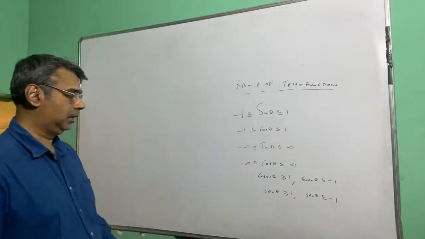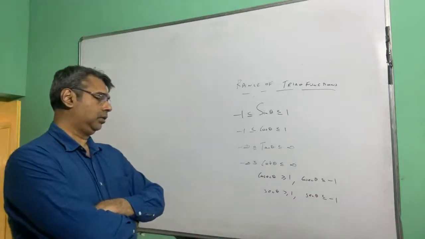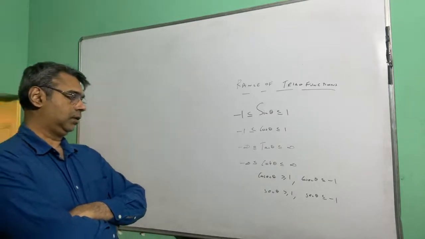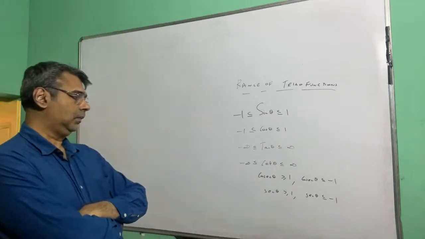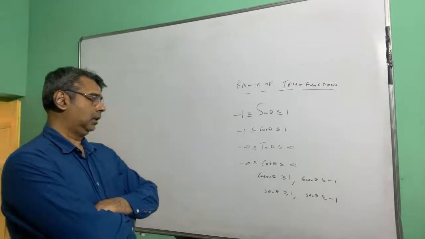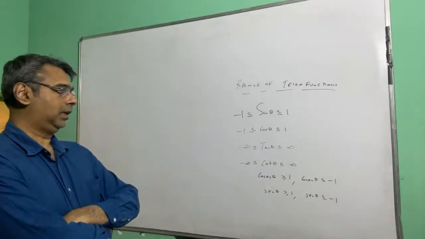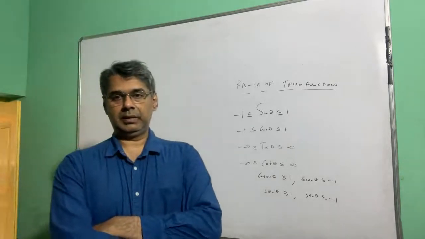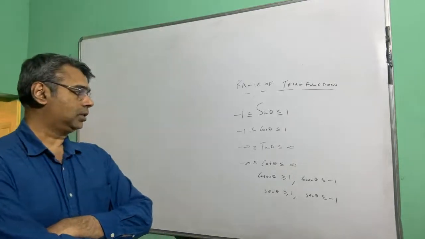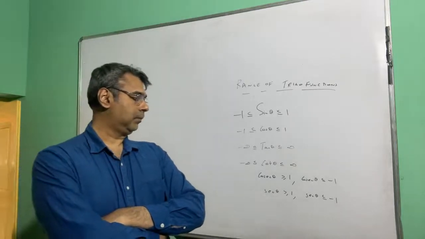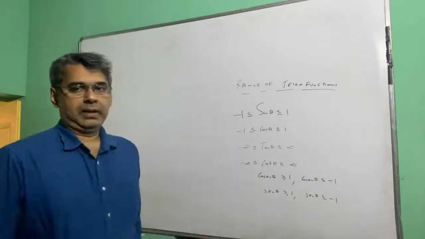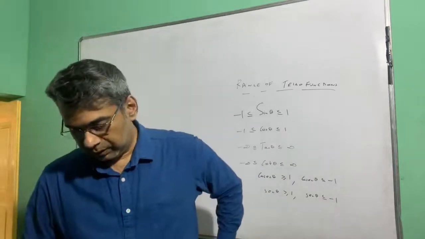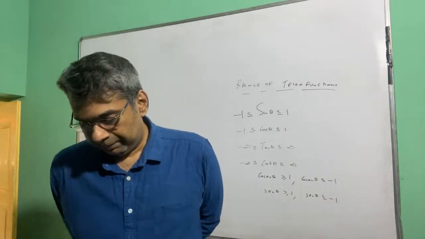Then sec theta is greater than or equal to 1, and sec theta is less than or equal to -1. So these are the range of values of the basic trigonometric functions: sine, cos, tan, cot, cosec and sec. So these are the range of these trigonometric values, right?